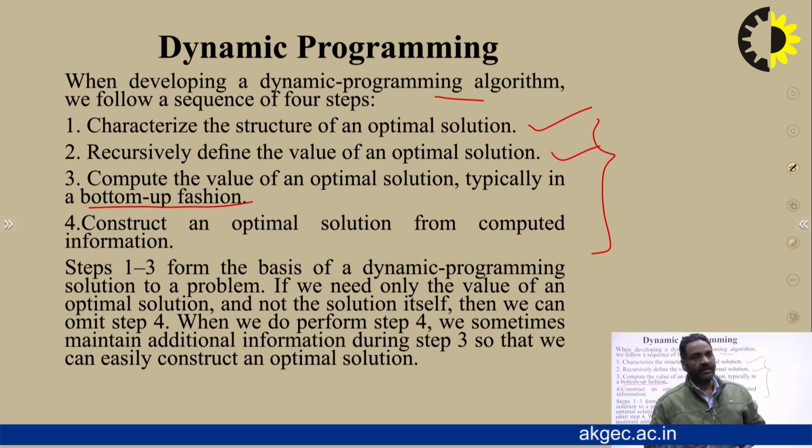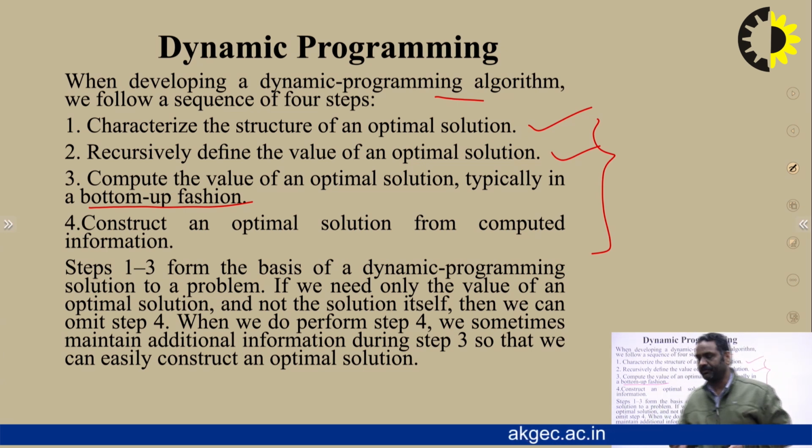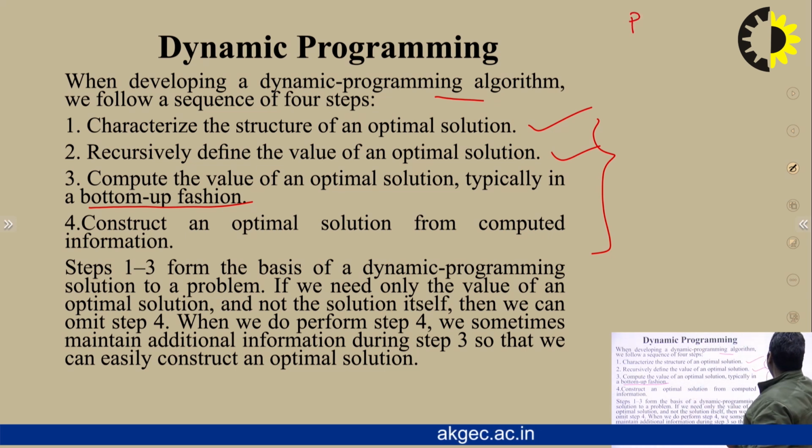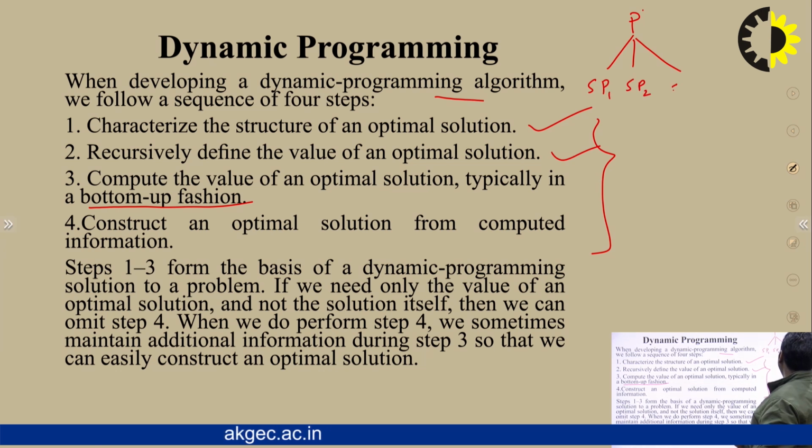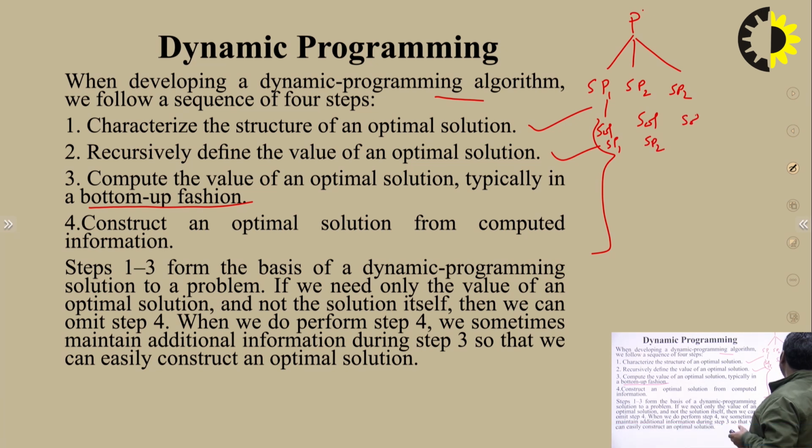So in the bottom-up fashion, suppose this is a problem and we have subproblem 1, subproblem 2 and subproblem 3. This is the solution of subproblem 1, this is the solution of subproblem 2, and this is the solution of subproblem 3.